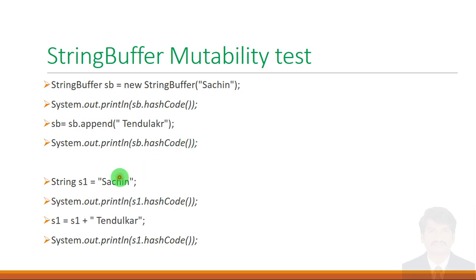But in case of string, I'm creating Sachin and I'm trying to concatenate Tendulkar. Whenever you try to concatenate something to an existing string, it will create a new string, which means the address of this string and the address of this string are both different. So obviously here and here it will return two different hash codes.